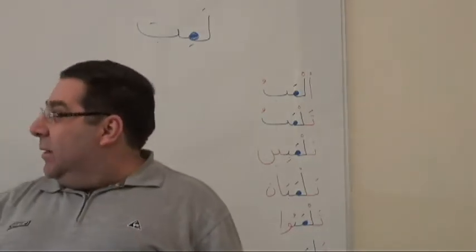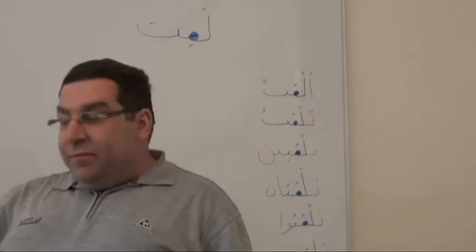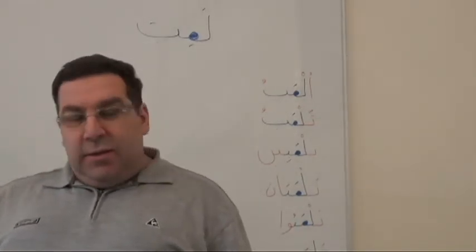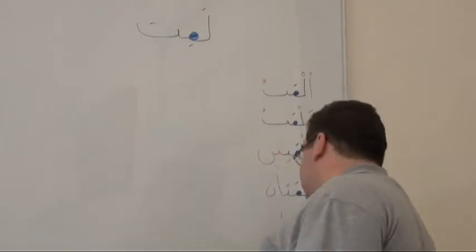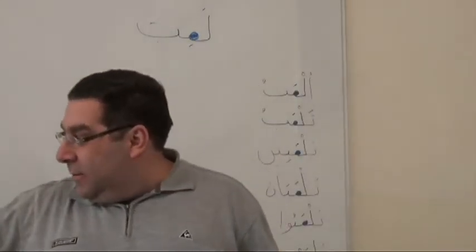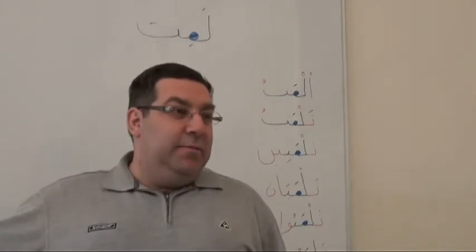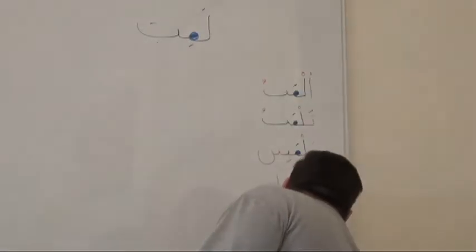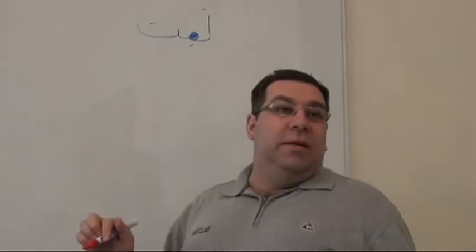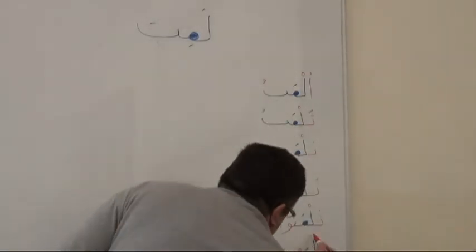Now the second part, this is at the last. So this mark over the last letter. The last letter is ba. So we add this mark, plus this at the end. Noon with fatha. Plus we still have to add sukun over the first letter, which is this one.